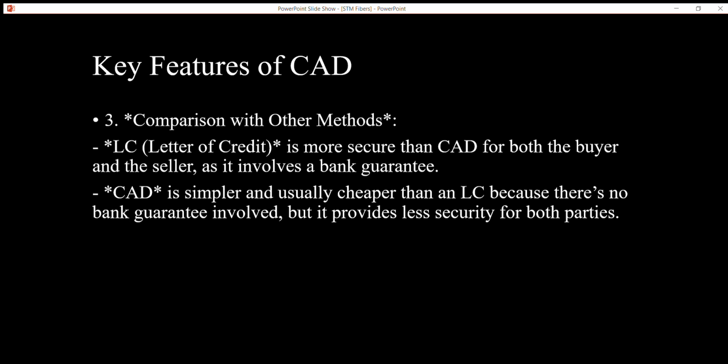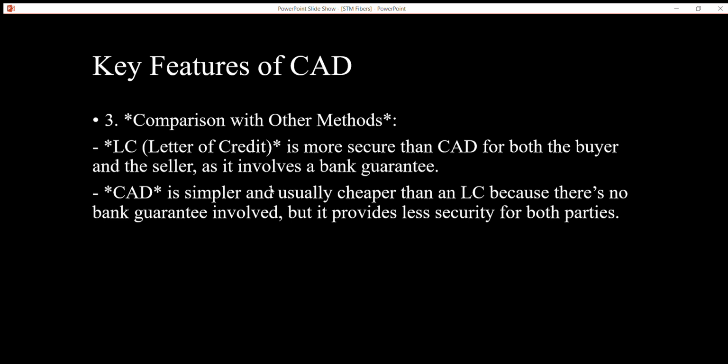The bank is the guarantor, so the risk for both seller and buyer reduces in the case of LC as compared to CAD.